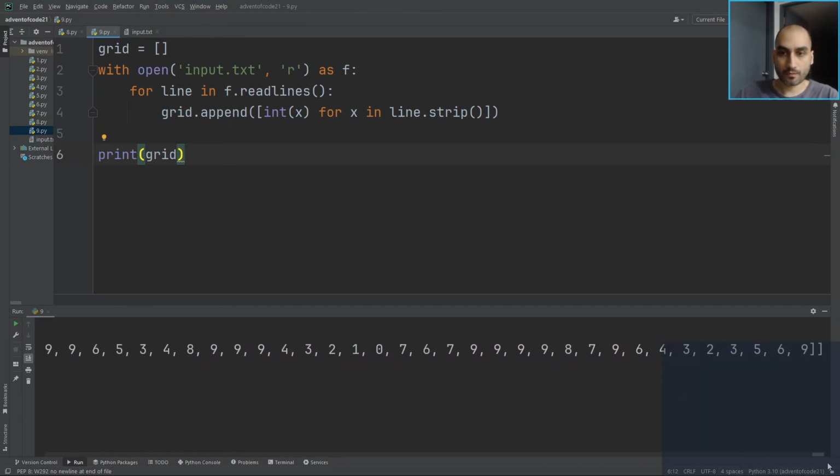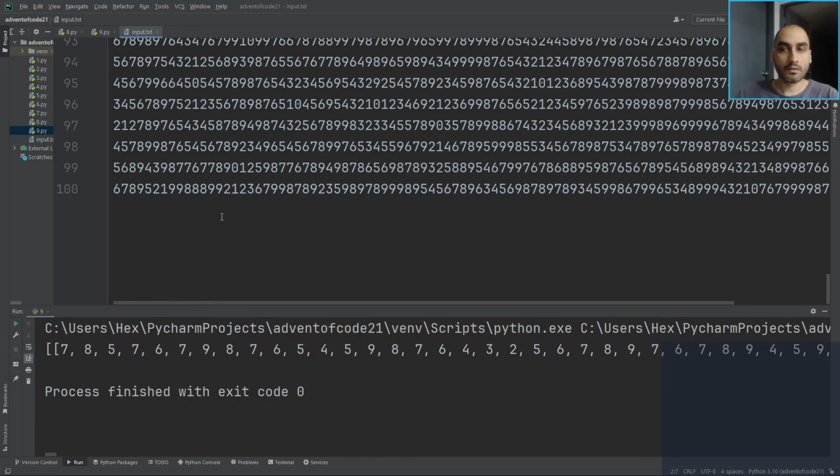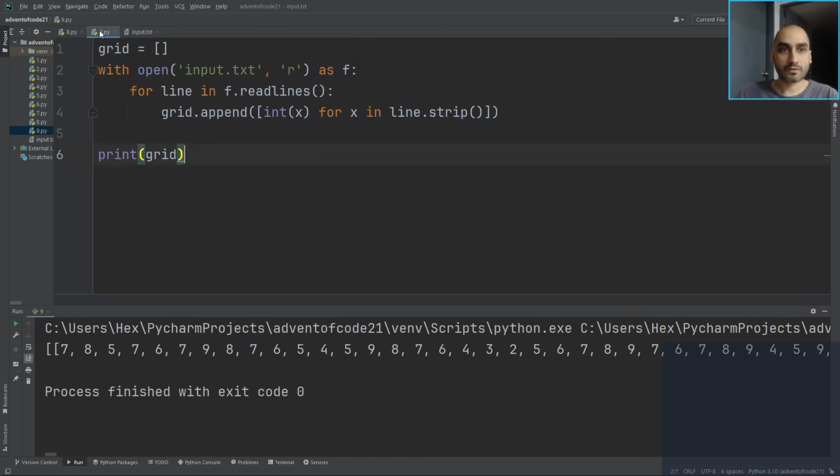Yeah, looks about right. Okay. And then we want... Okay, so we can say height equals length of grid, width equals length of grid 0.